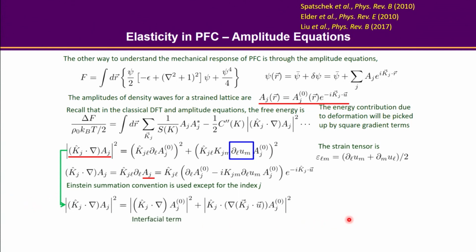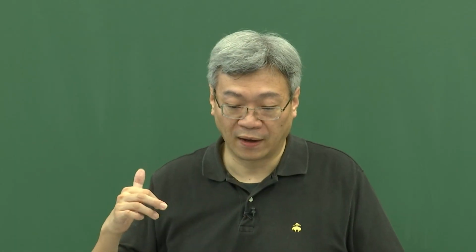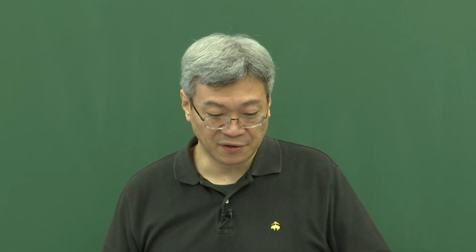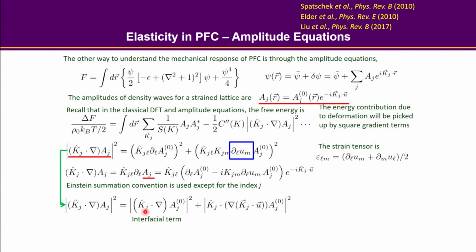So a little physics. The first term does not associate with the deformation. In fact, in the previous calculation, we were calculating a solid-liquid interface. And by that time, we considered a stress-free solid in contact with liquid, and we tried to evaluate the density profile for this stress-free solid. So actually, this term is still describing that effect.